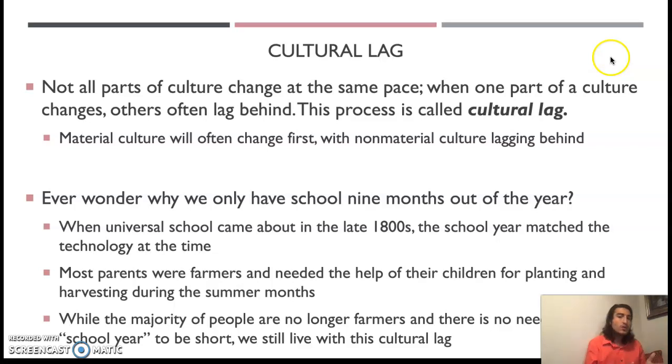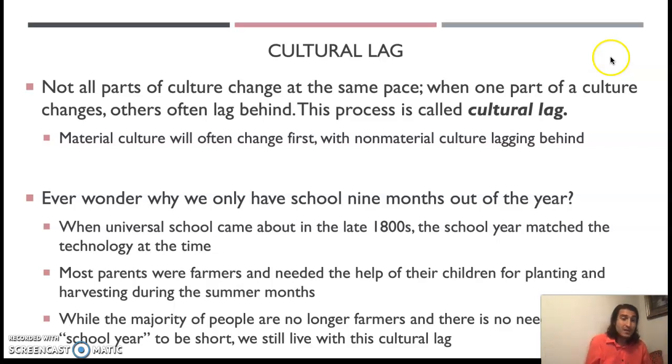So children could go to school from the months of September through May, when farming season was typically not at its peak in most places around the world, but they needed students to be able to have summers off so they could still go home and help their families during the busy farming season. Now, while the majority of people are no longer farmers in the United States, and there's not necessarily a need for the school year to only be 9 months out of the year, theoretically, we could go to school 12 months out of the year and just have shorter days, right?